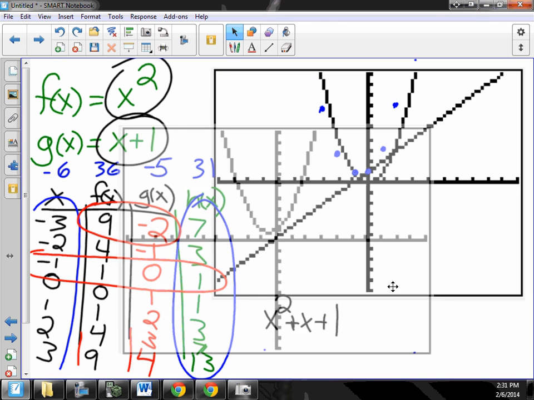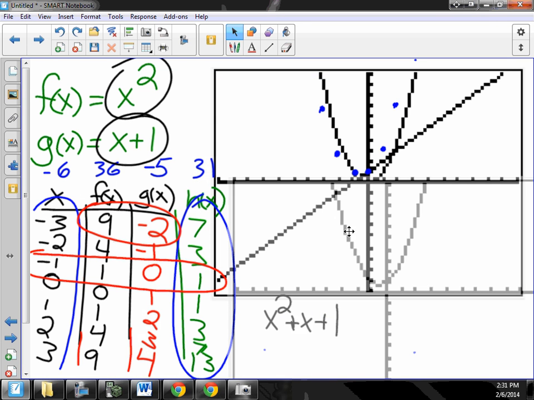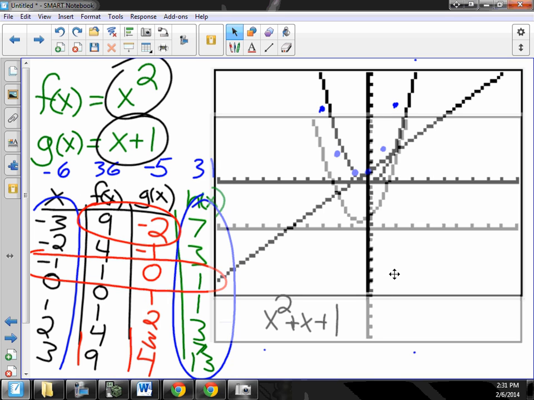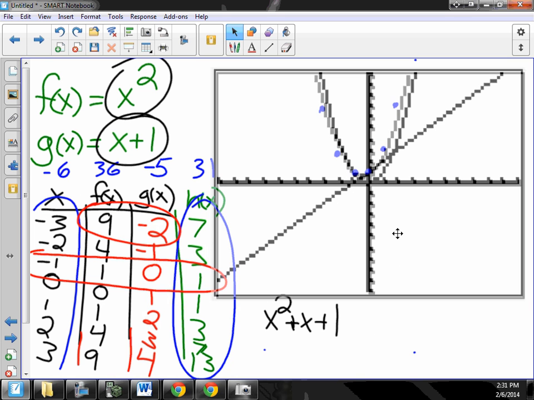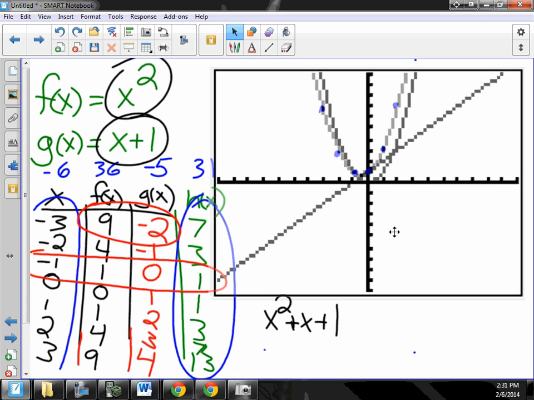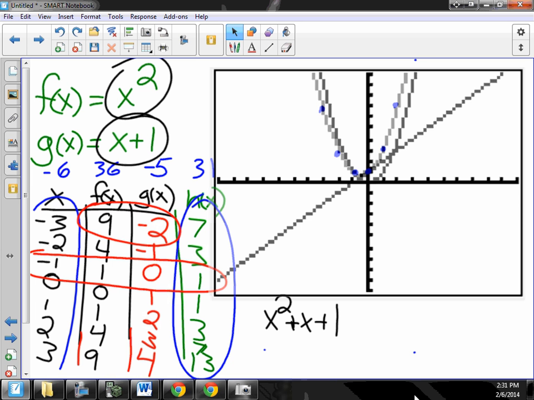Okay, this is kind of tricky to see, but watch this parabola here. It should perfectly match those blue dots. Okay, I'm not a very good artist, but there we go. So we ended up taking one function and adding another function to it.